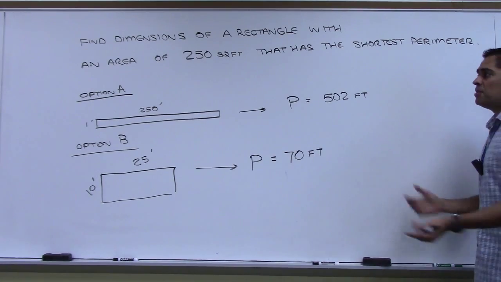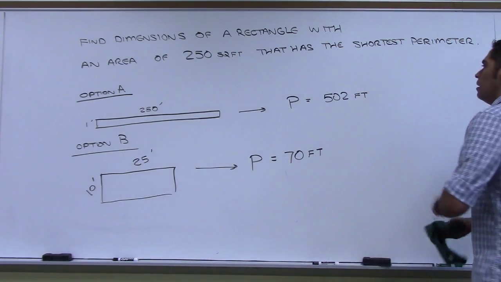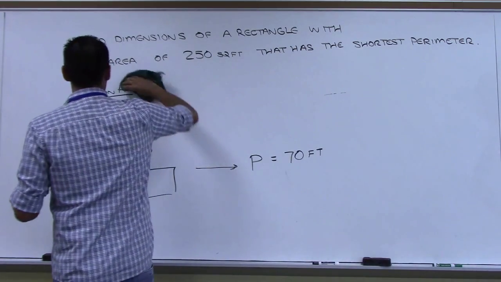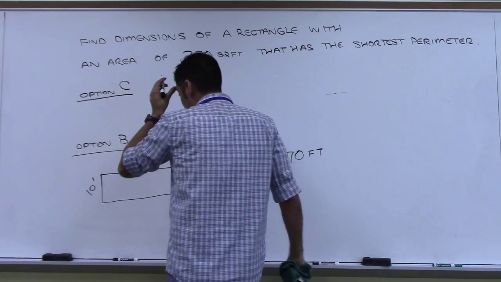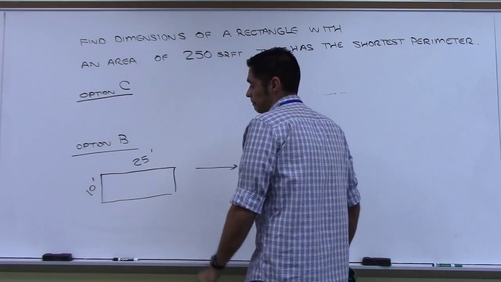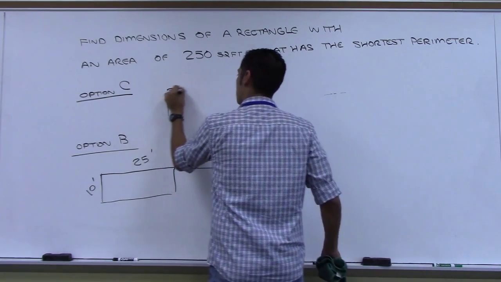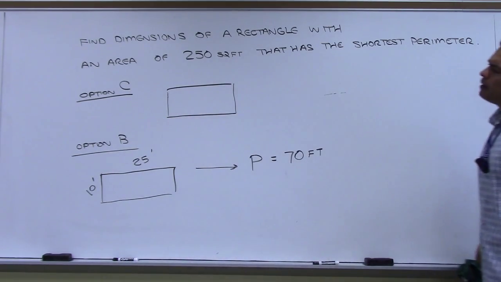And I could do an option C. I mean, right? Couldn't I? Yeah. So another option would be something like, I can make this up however I want. How about, what do you want? 550. How do you mean?